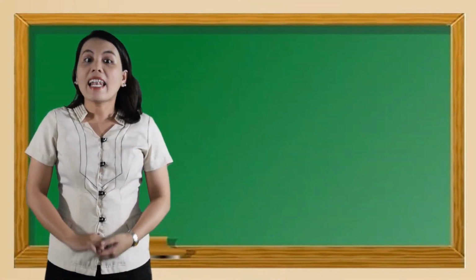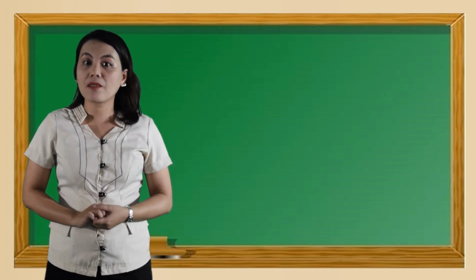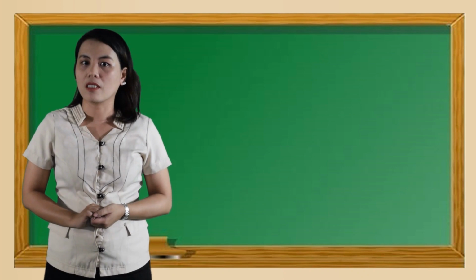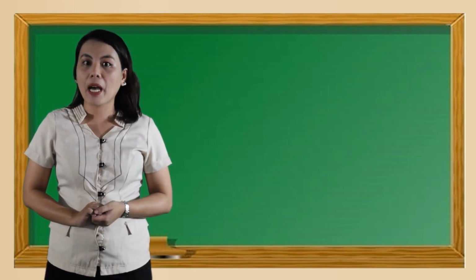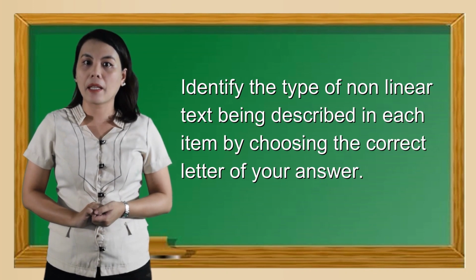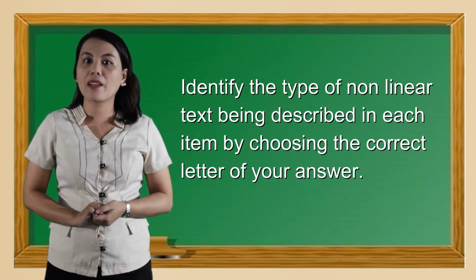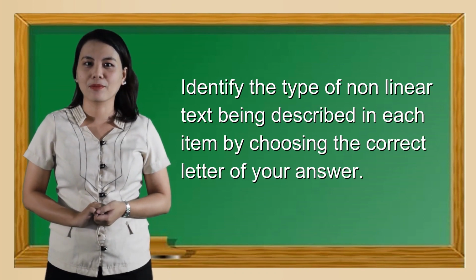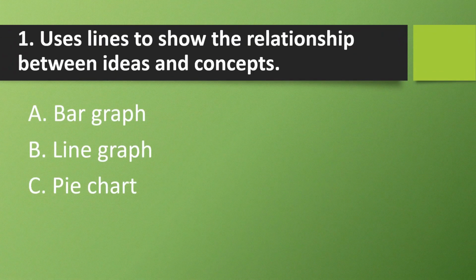And with that, let us try to do this activity to gauge if you learned something from the discussion. Identify the type of nonlinear text being described in each item by choosing the correct letter of your answer. Number 1.